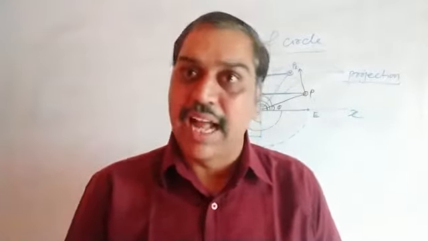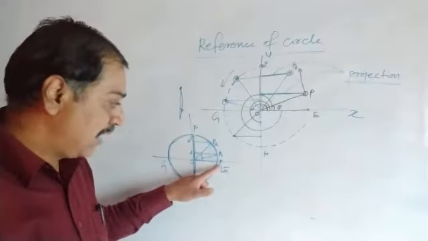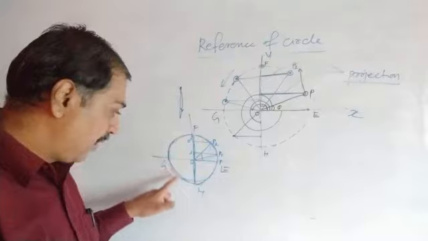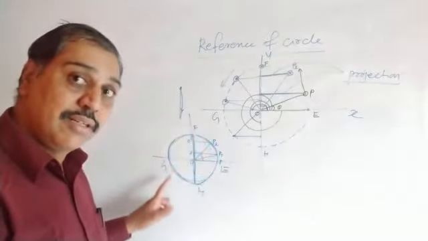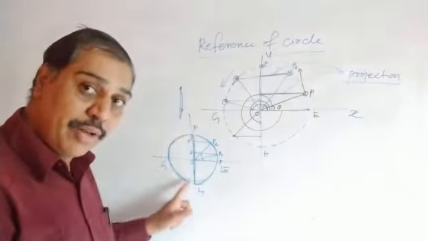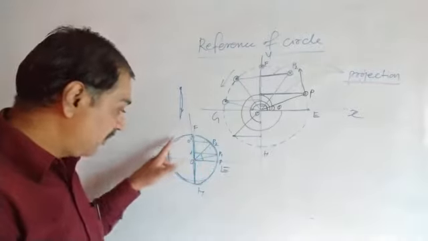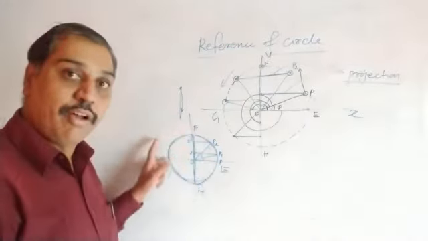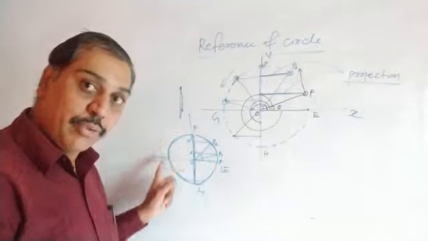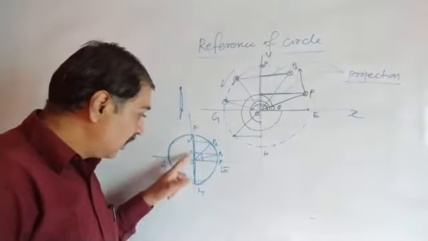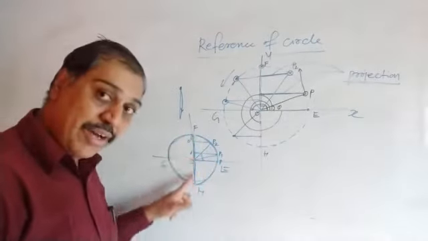And this explains that the particle at this P along the circumference is performing uniform circular motion. This particle is moving along the circumference of a circle, so it is performing circular motion, but its projection is doing what? Up and down type of motion.